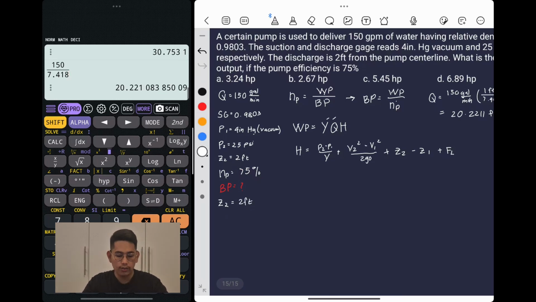Dahil wala tayong given ng velocity, wala rin tayong diameter, wala tayong pagkukuha ng velocity. This is as good as cancel or zero. Z1, wala rin tayong Z1, and the frictional losses. So kukuha tayo ng head sa pressure and sa Z2 or sa elevation. So for P2, we have 25 psi, pounds per square inch, minus the P1 na 4 inches.